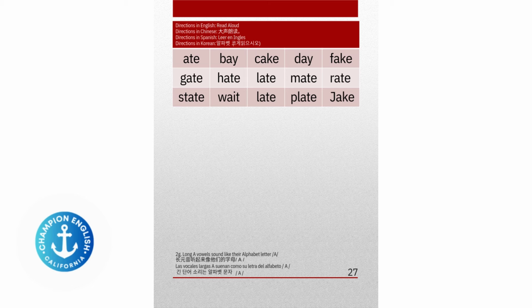M and ate, mate. R and ate, rate. St and ate, state. W and ate, wait. L and ate, late. Pl and ate, plate. J and ate, Jake.